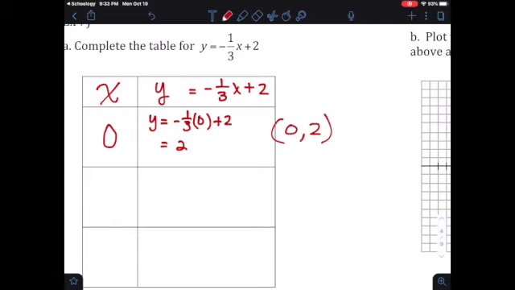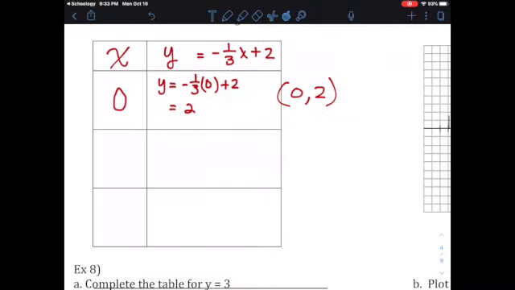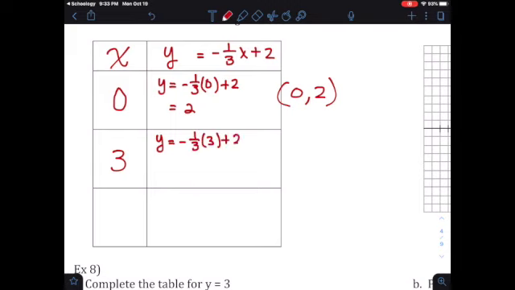Okay. The next one I'm going to pick is 3. And the reason I'm going to pick 3 is because it will cancel out with the 3 on the bottom of your fraction. So let's take a look. So y is going to equal negative 1 over 3 times 3 plus 2.